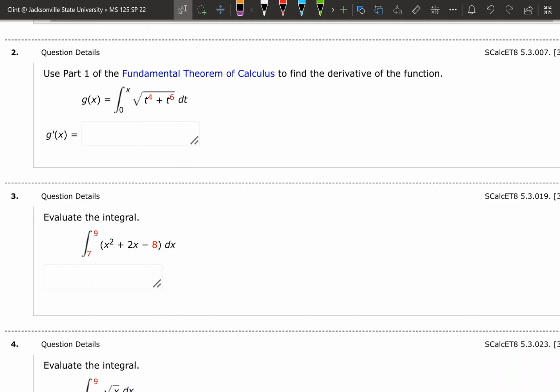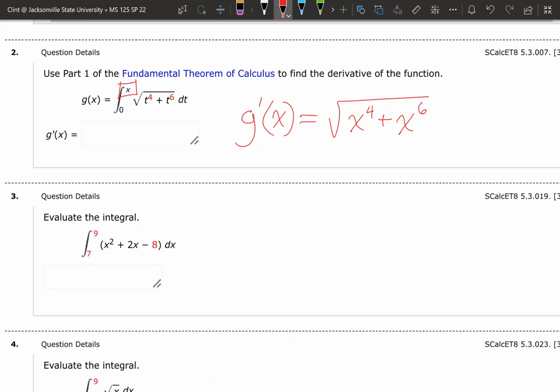So to get the derivative, what happens if we take the derivative of an integral? Yeah, they cancel out. And then what happens specifically here is that the t turns into an x. Okay, so we would get the square root of x to the 4th plus x to the 6th. It turns into whatever variable is there.